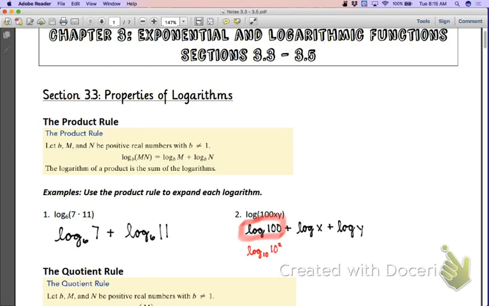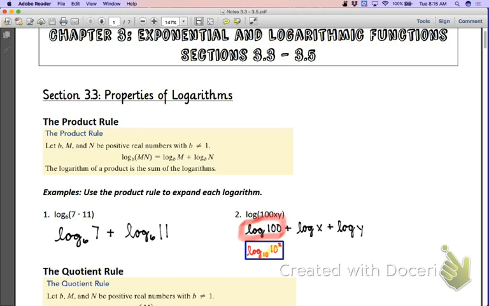From what we talked about in section 2, if the base of my log and the base of my exponent are the same, what is the log base 10 of 100, or the log base 10 of 10 squared, equal to? 2.